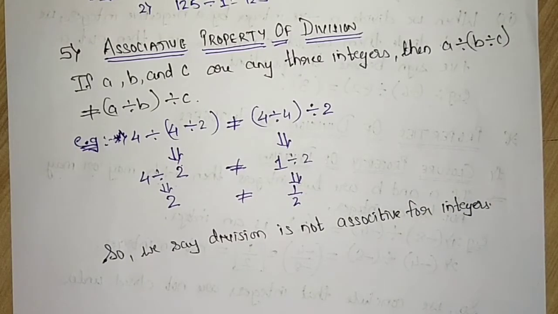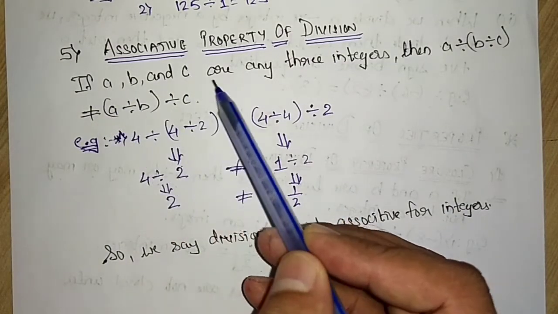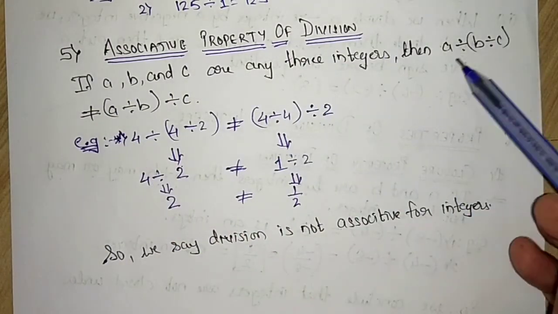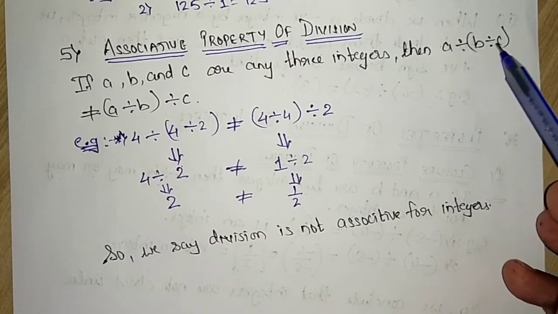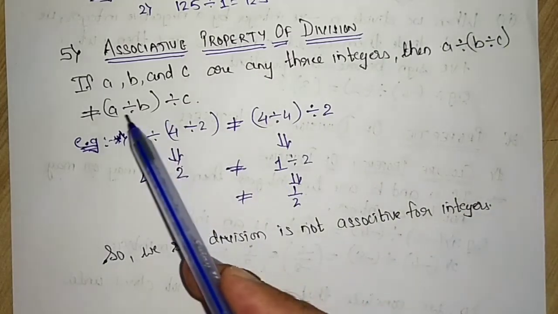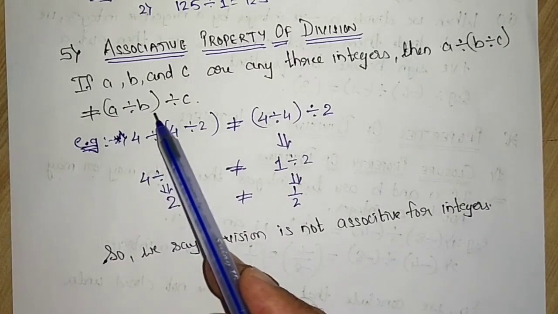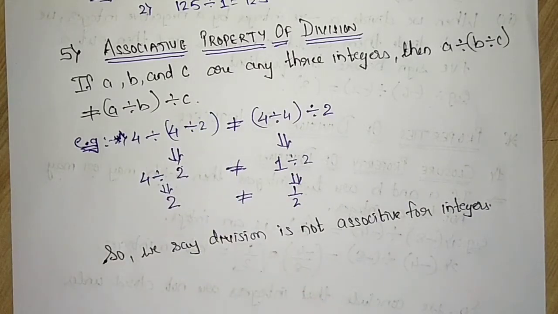That means if you group the first two and then divide by the third one, will it be equal to grouping the second and third? Let us see. If a, b and c are any three integers, then a divided by (b divided by c) is not equal to (a divided by b) divided by c.